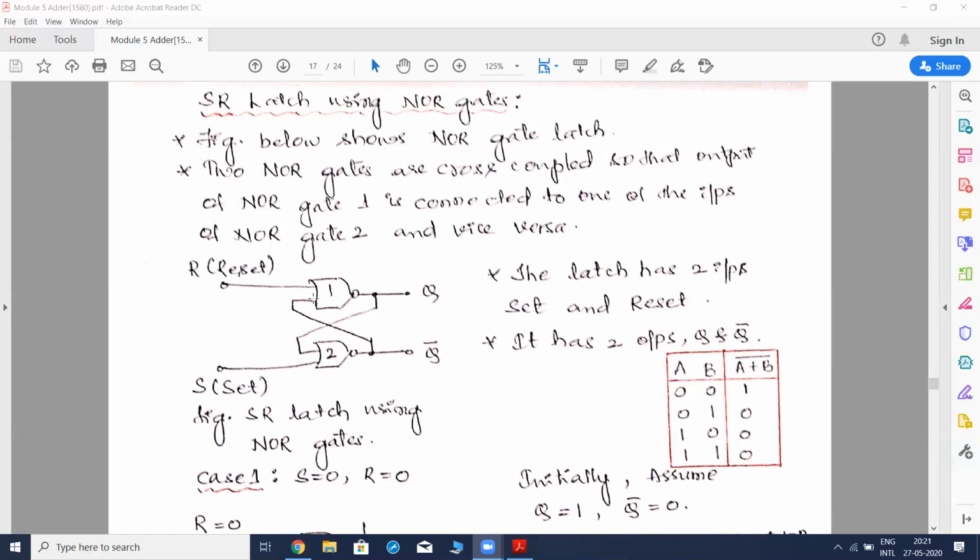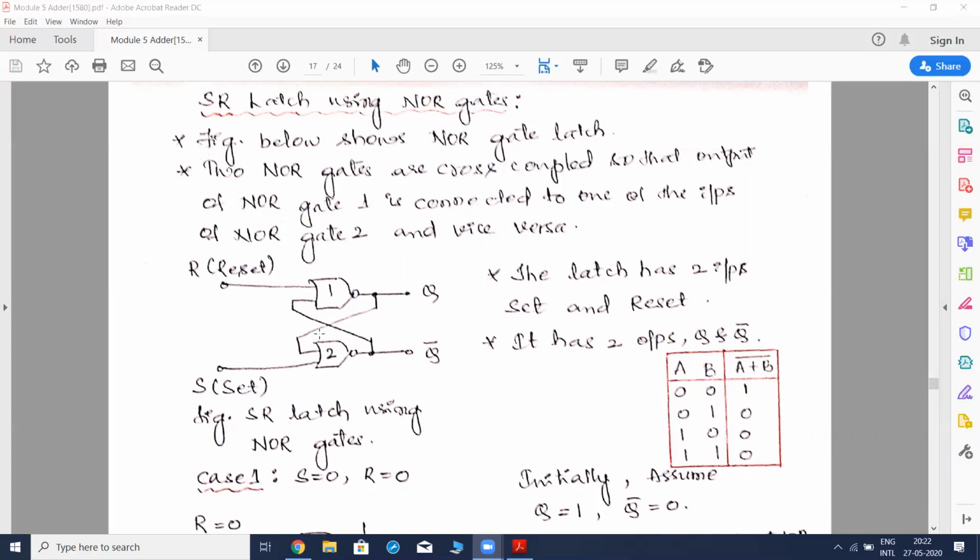These gates, gate 1 and gate 2, are constructed using NOR gates. The way we connected them is called cross coupled. Technically, we call these cross coupled gates.